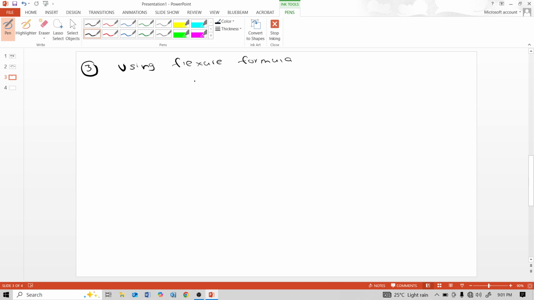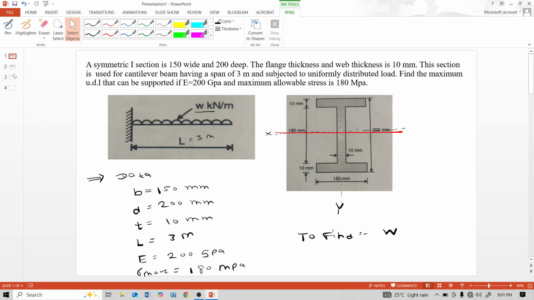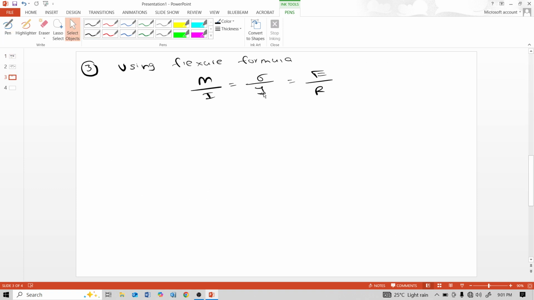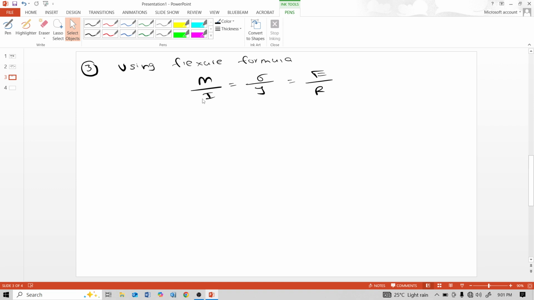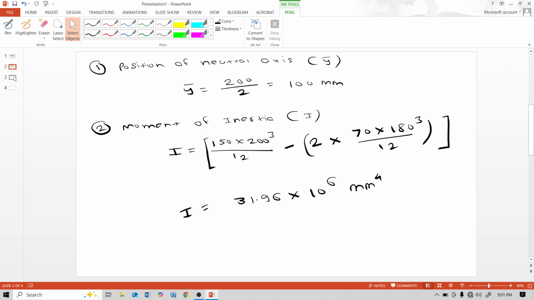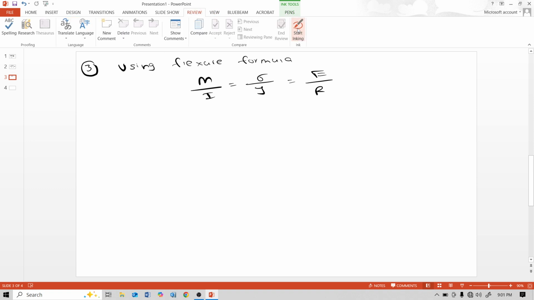The flexure formula is M by I is equal to sigma by y is equal to E by R. We have this sigma in numerical. They have given us maximum stress as 180 MPa. We have this y, which we calculated in our step 1, 100 mm. We have also this moment of inertia I, which we calculated in step 2. So use these two.